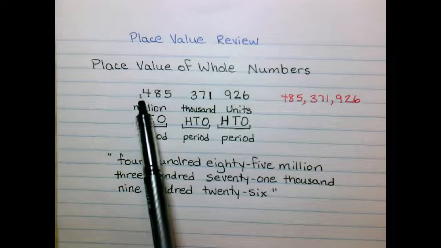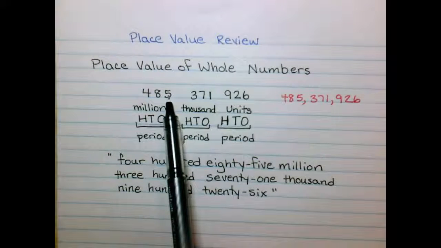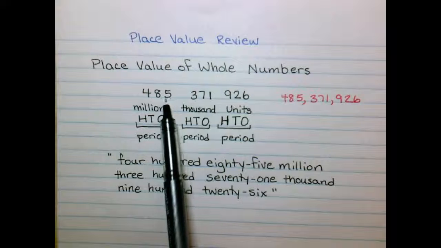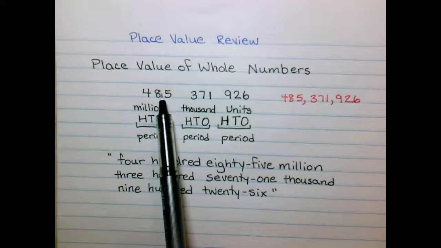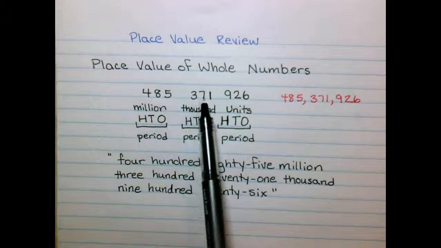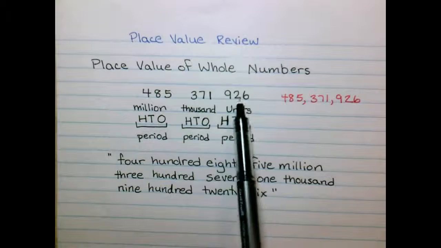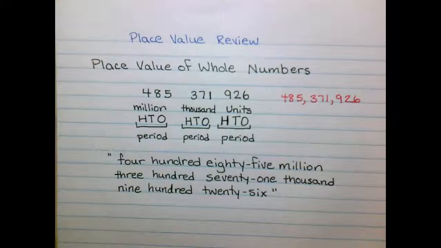So for example, 485, you say this number first, and then you say the period name. 485 million, 371 thousand, 926. We don't say 926 ones or 926 units, we just say 926.